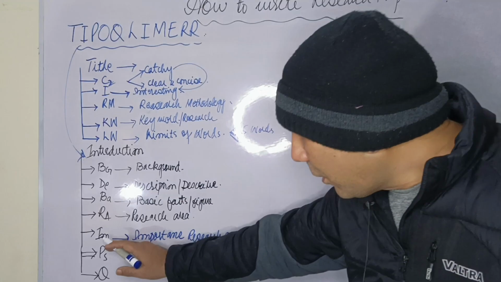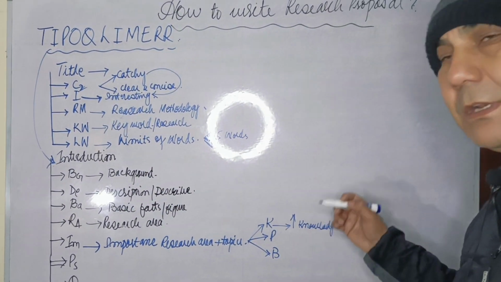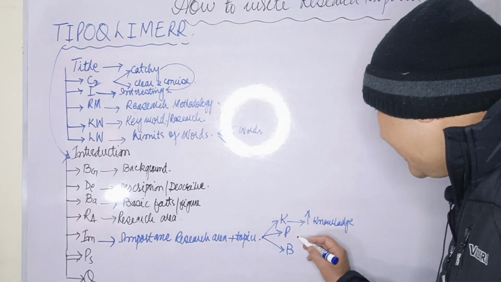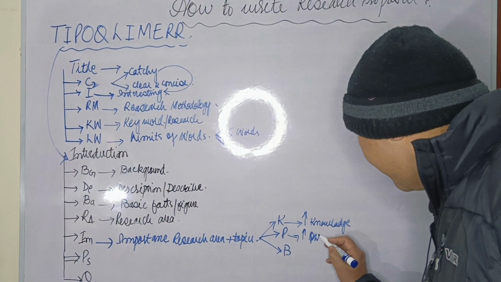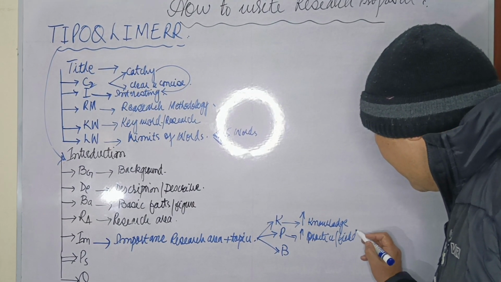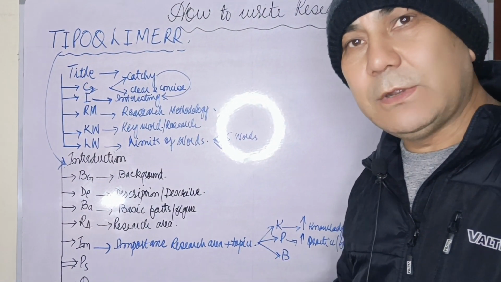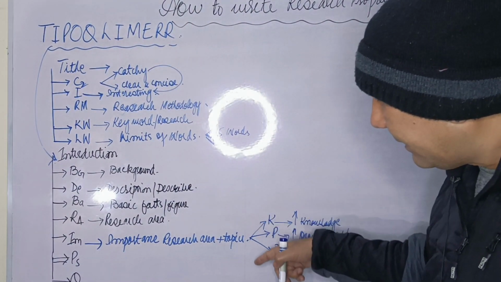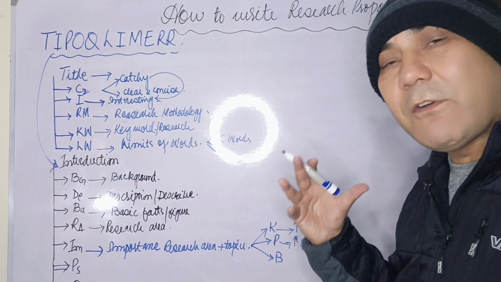So in the importance of your topic you should write first how it increases the knowledge. The second one, how it improves the practice in the field, like in the medical or nursing practice, how it will refine the practices.